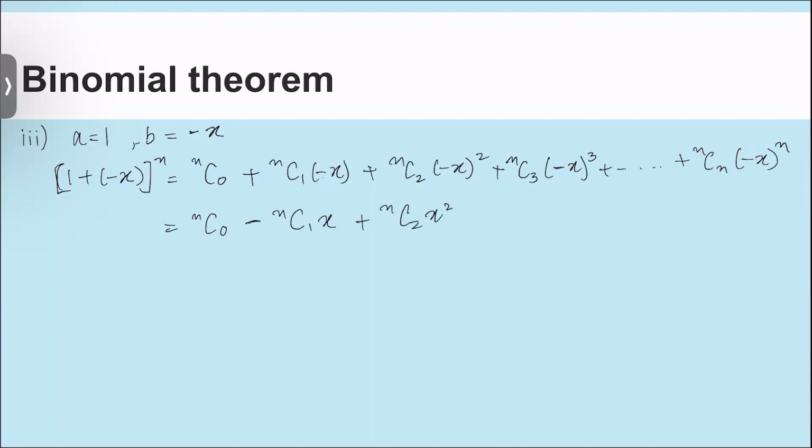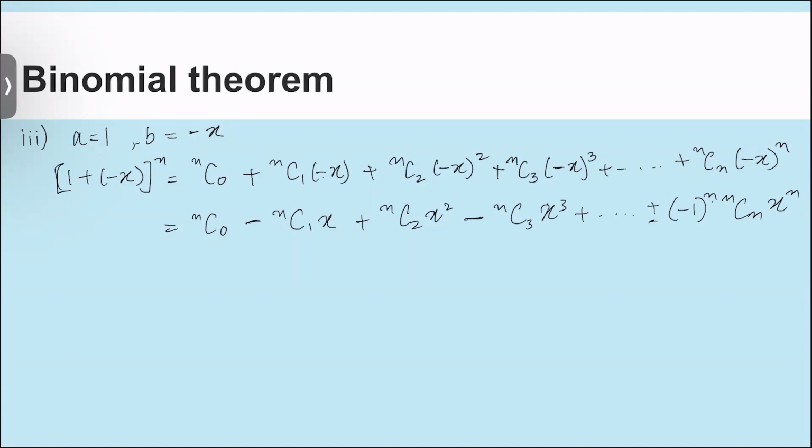Now minus x raised to 3 is minus x cubed itself, so you have minus nC3 x cubed. Then all the way, the last one will be minus 1 raised to n, nCn x raised to n. Okay, so again, the sign will depend on what your n is.